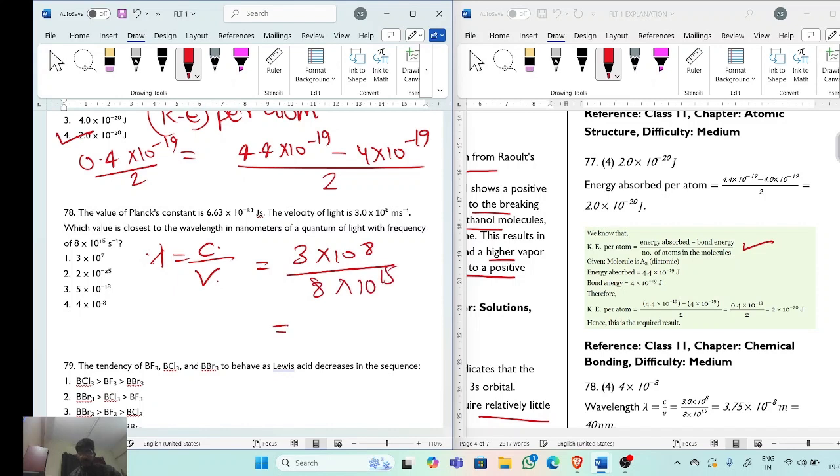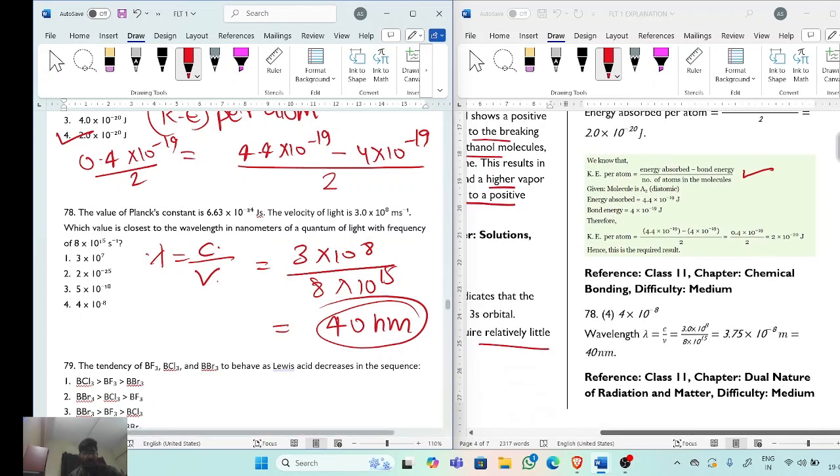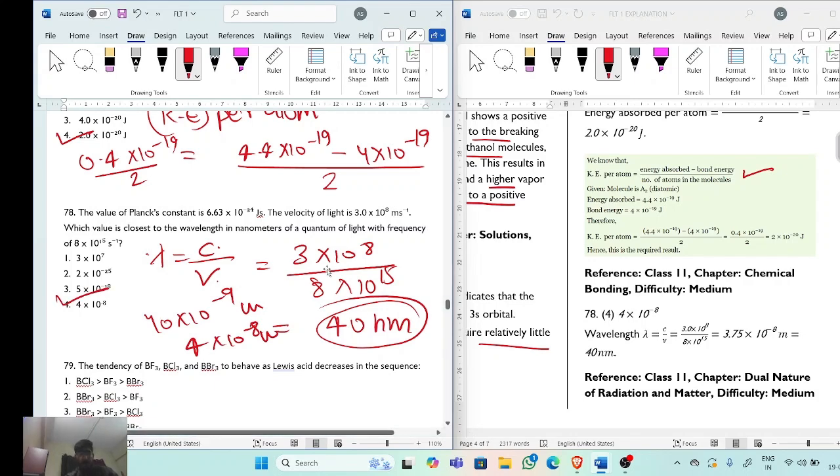If we solve this, we will directly get our answer, which is 40 nanometer. Okay, 40 nanometer means 40 into 10 raised to the power of minus 9 meter, which is 4 into 10 raised to the power of minus 8 meter. So option number 4 is our correct answer.